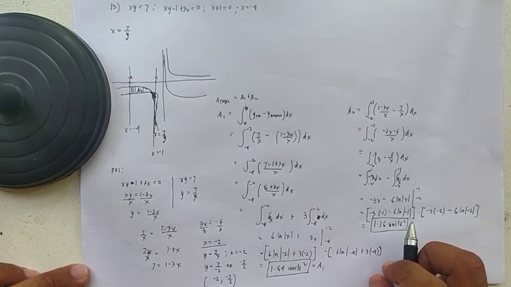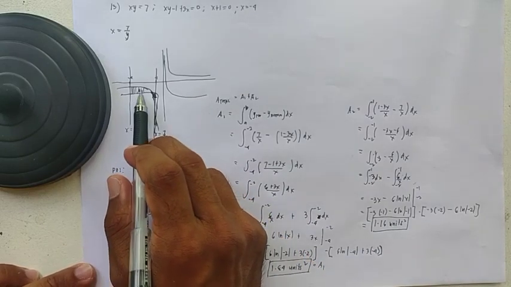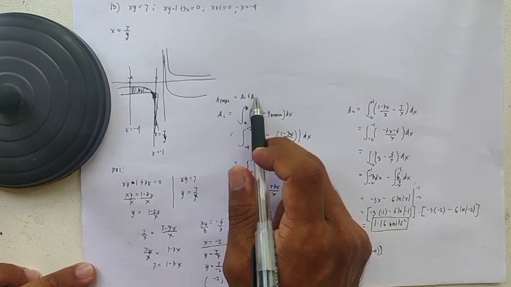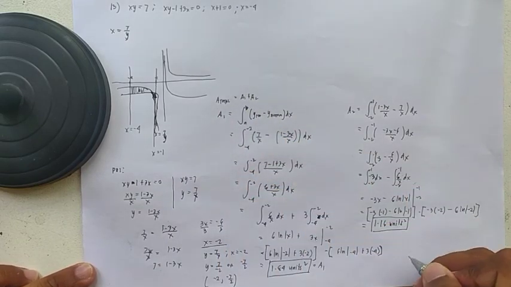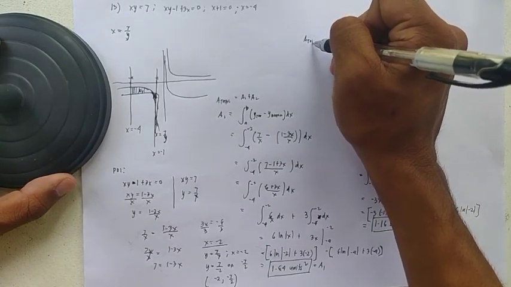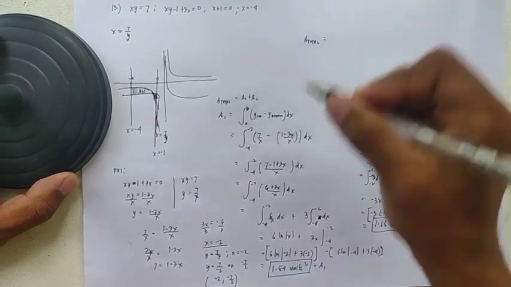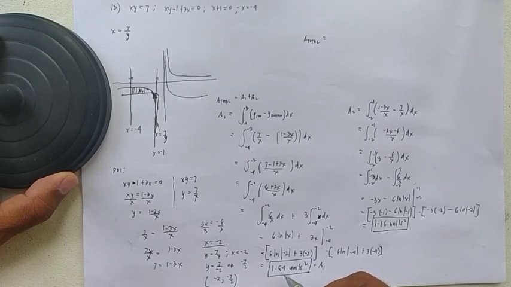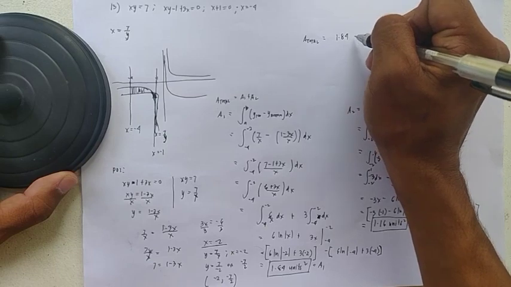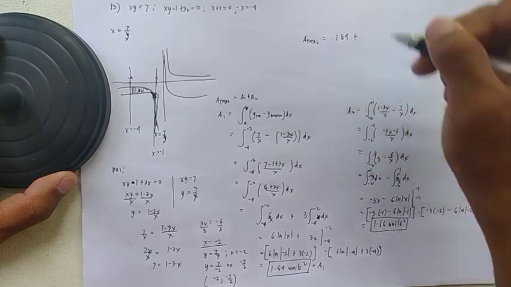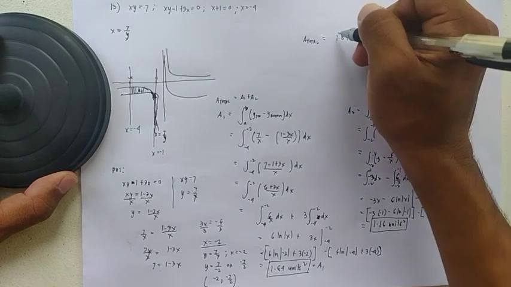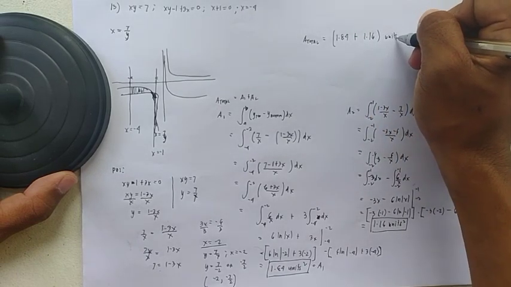Since yung kailangan natin is yung total area ng bounded region ito, so i-add po natin yung area 1 at area 2. So, lagay na lang po natin dito. A total is equals to, yung area 1 natin ay 1.84 units squared, plus yung area 2 natin is 1.16 units square.